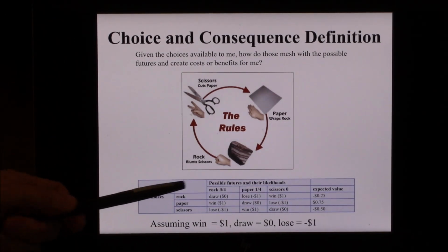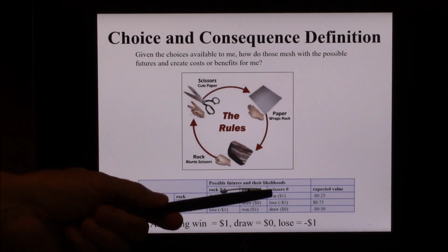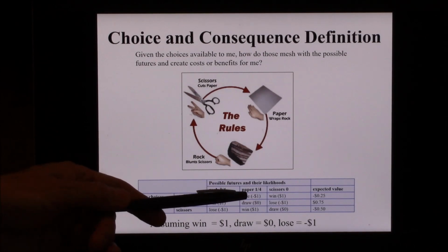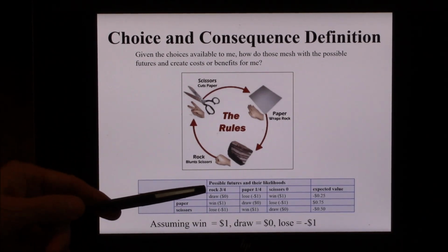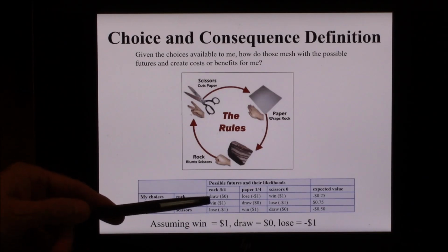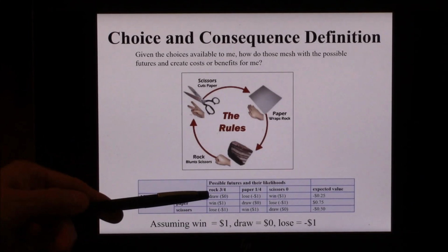Because remember, I think there's 0 chance that I'm going to be facing scissors, so all of these values may as well be 0. And then I can multiply all these by 0.25 because I believe there's a 0.25 chance that any one of these will happen. And then I can multiply these by 0.75 because I'm figuring there's a 0.75 chance that any of these will happen. 0% chance, 25% chance, 75% chance.